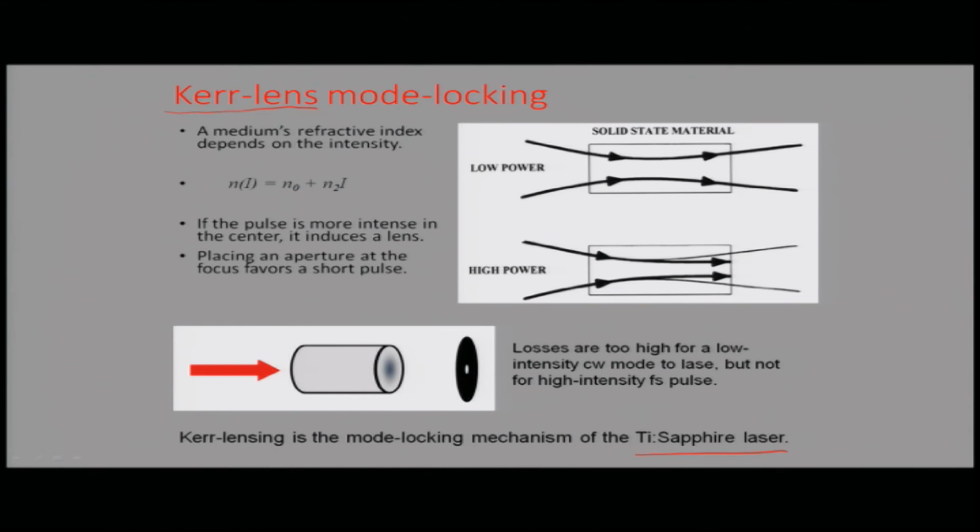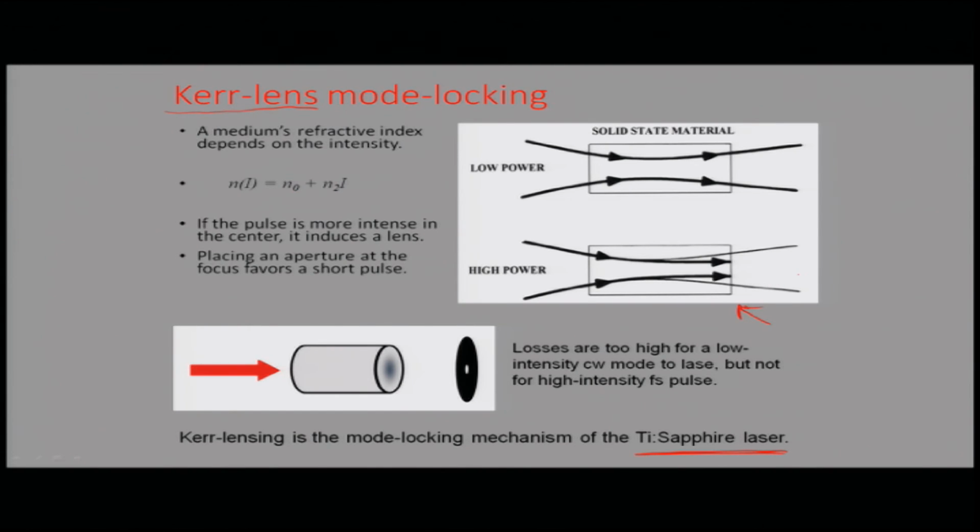This is the mechanism used in the most popular laser of today, the titanium sapphire laser, titanium being the active material in this sapphire crystal, where this nonlinear process of refractive index at high powers gives rise to an additional focusing effect, which limits the available zone over which the system can keep on going back and forth.